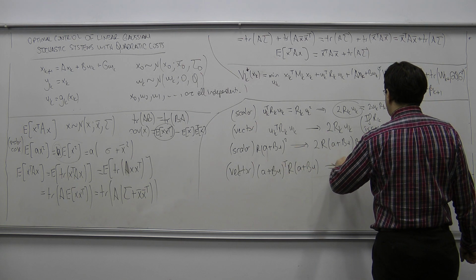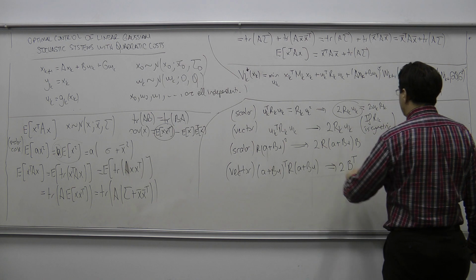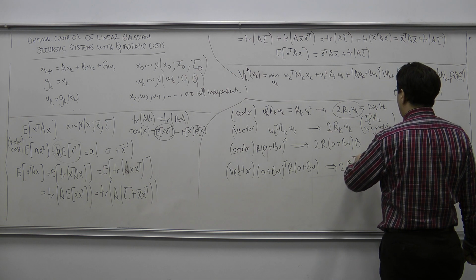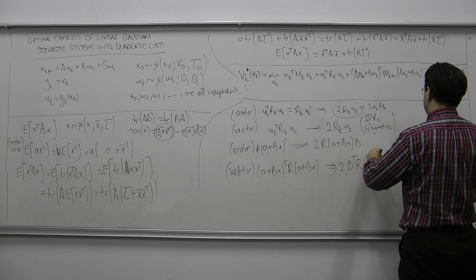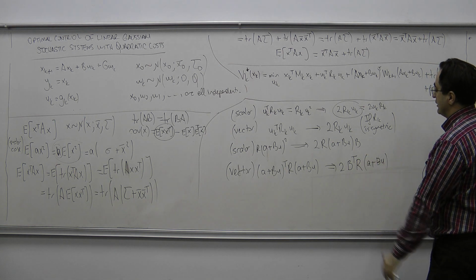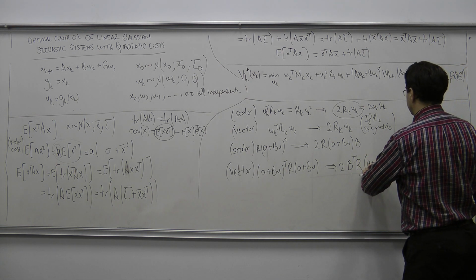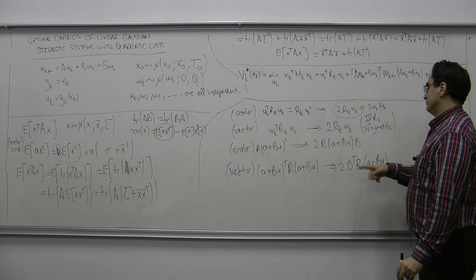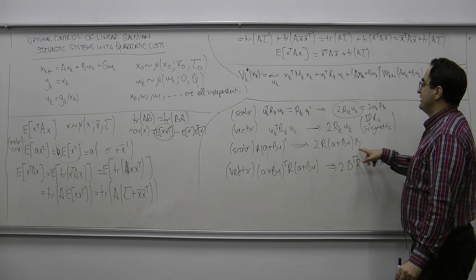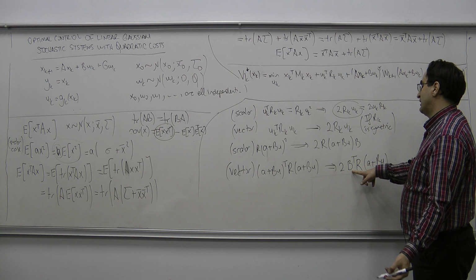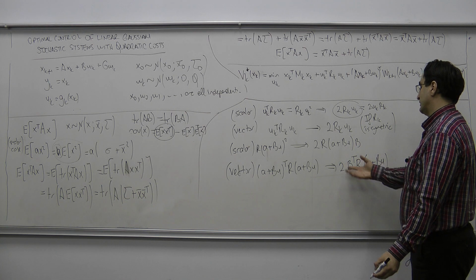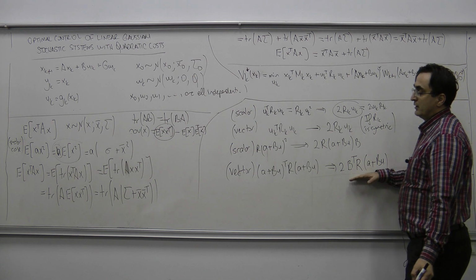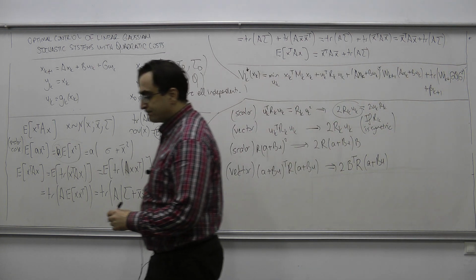I would first have 2, and I would have b transpose, in this case this is a vector or a matrix, times r times a plus bu. Okay? And you cannot change the order of these terms here in the vector case. We know that in the scalar case, b is a scalar, so b transpose is equal to b, so I can take b transpose anywhere I like. But here, no change can be done on the order of the terms. Okay?